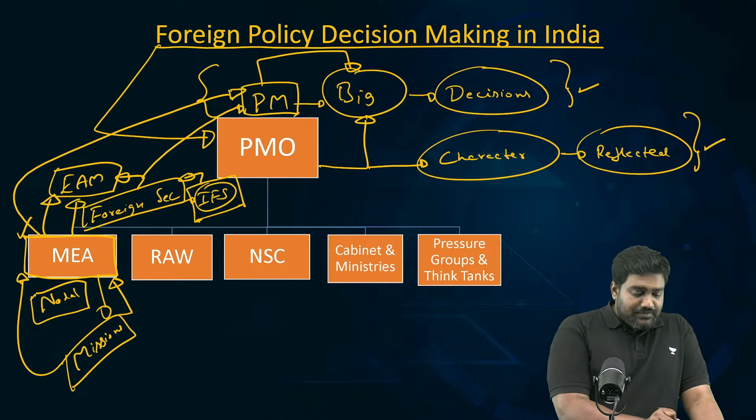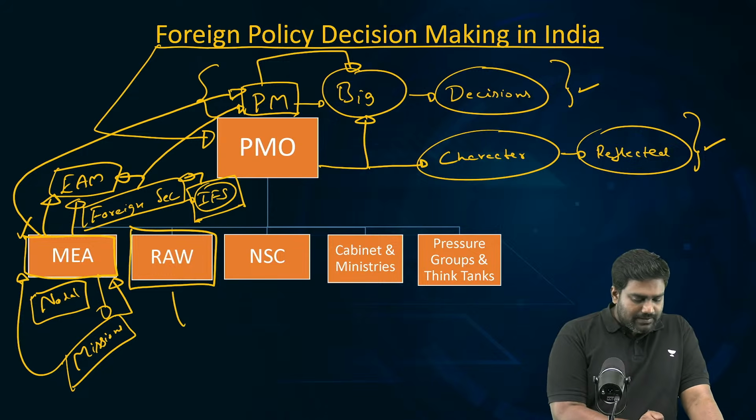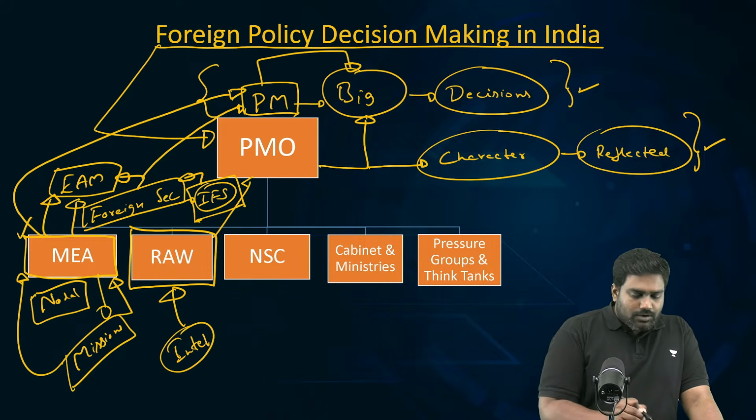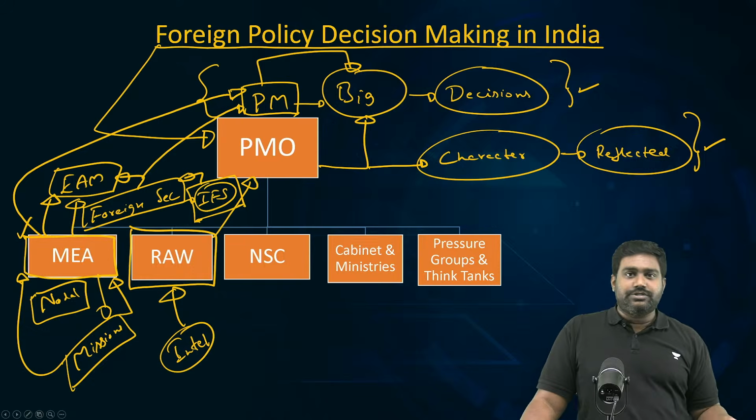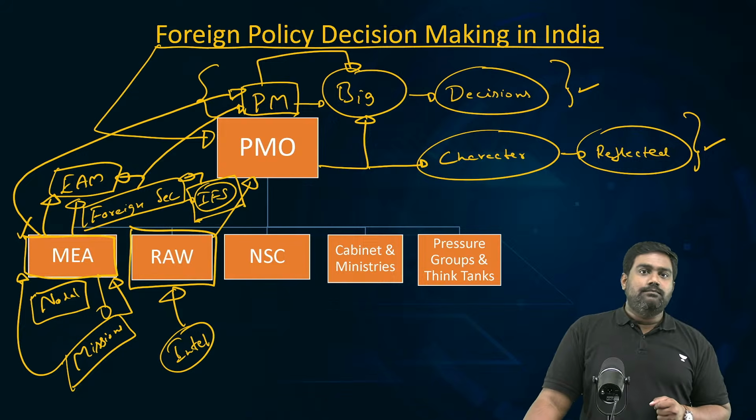Then we have RAW, India's external intelligence agency, which generates classified intelligence. RAW will be involved in covert operations. It will be running a network of informants, using technical methods as well to collect classified information.